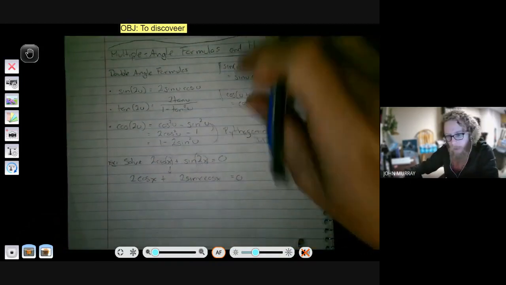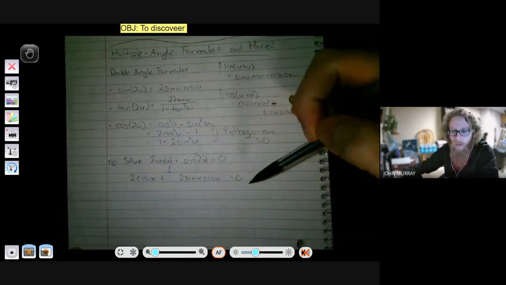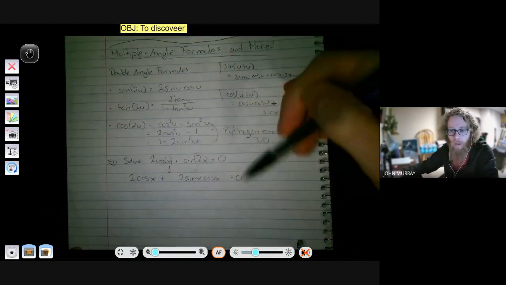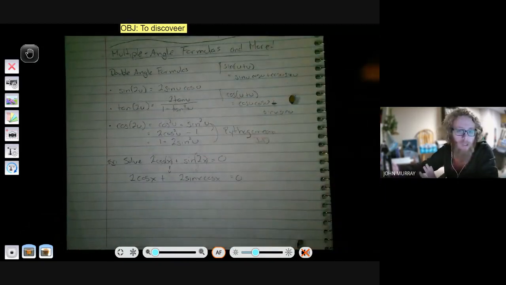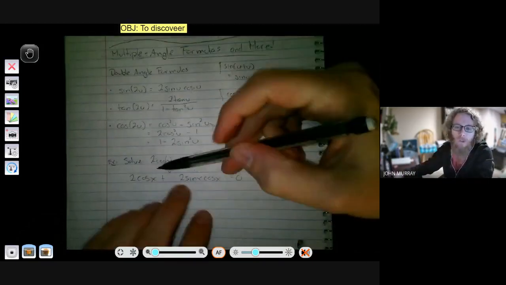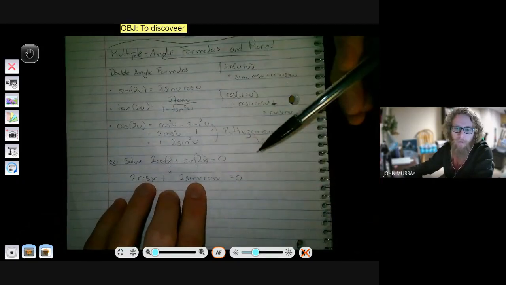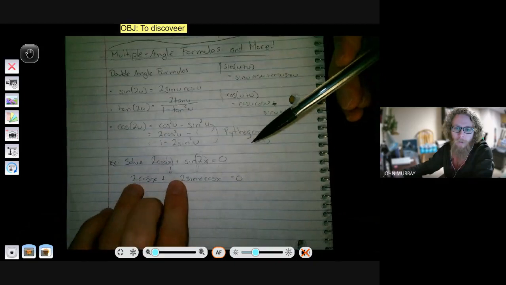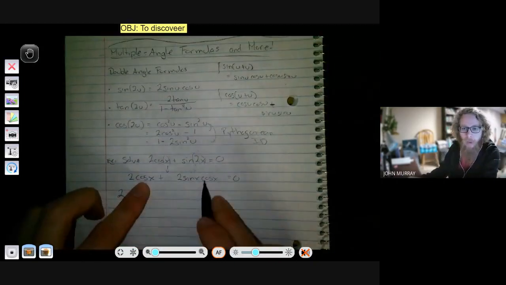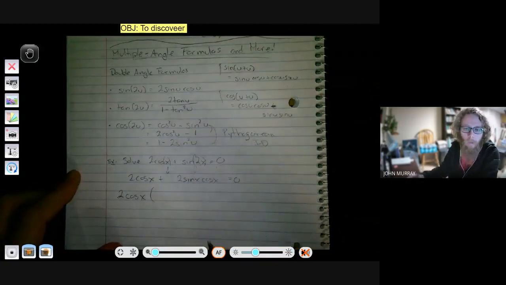And then we can treat this like we normally do. Looking at this, I can't solve this right away. I can't just subtract because that would put a variable on the right side, and we want all the variables on one side. So we look for something that's shared between these two terms because we're adding them. Both of them have a factor of 2, so I pull out the 2, and they both have a cosine, so I pull that out.